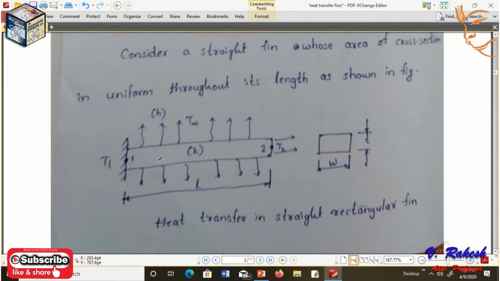Let T1 and T2 be the temperatures at node 1 and node 2. L is the length of the fin, W is the width of the fin, T is the thickness of the fin. h is the heat convection coefficient, T ambient is the surroundings temperature.